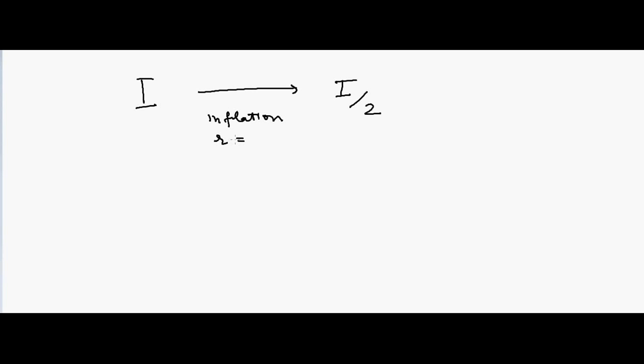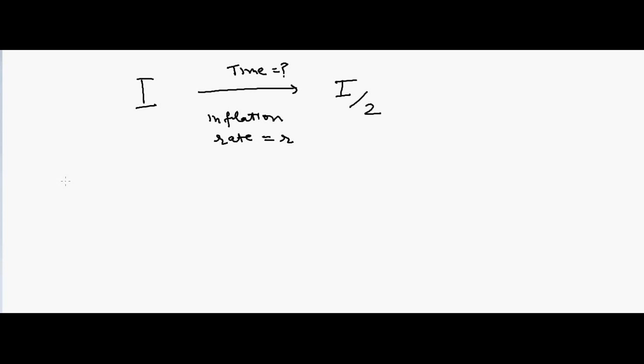So the inflation rate is equal to R, and you want to calculate how much time it will take, right? So your investment is becoming half because of the inflation, and the rate of inflation is R. So how much time should it take for your investment to become half?